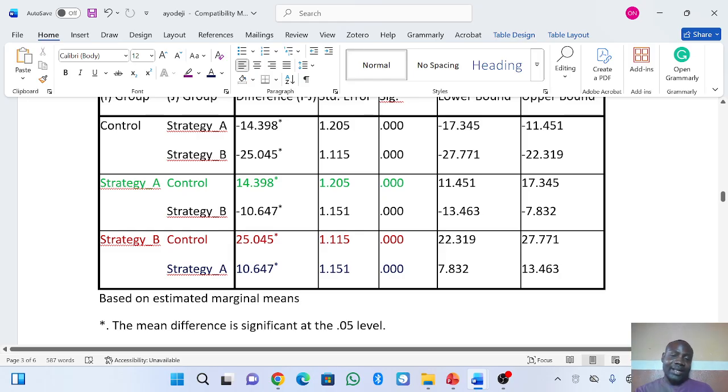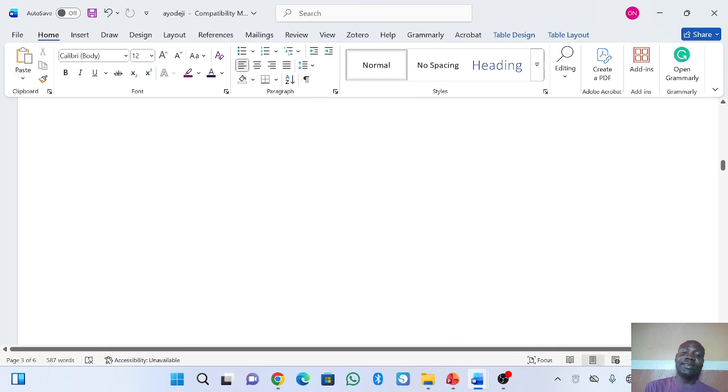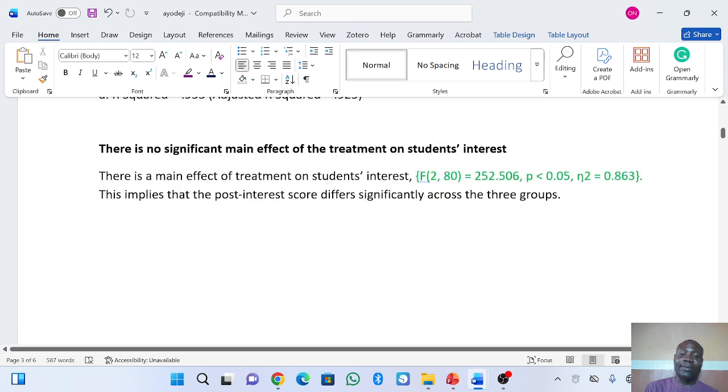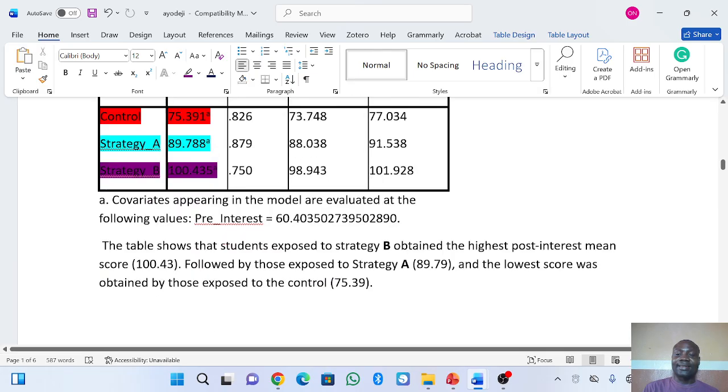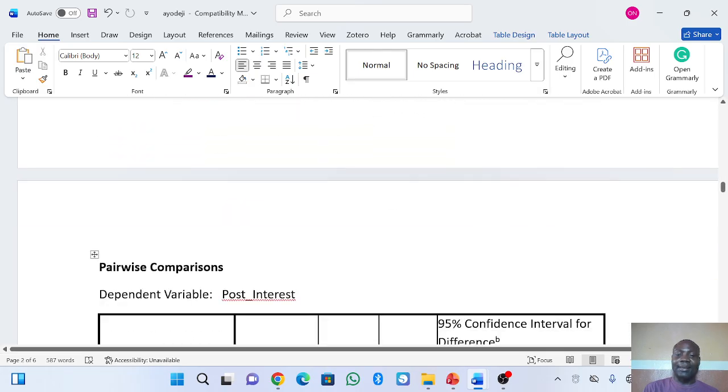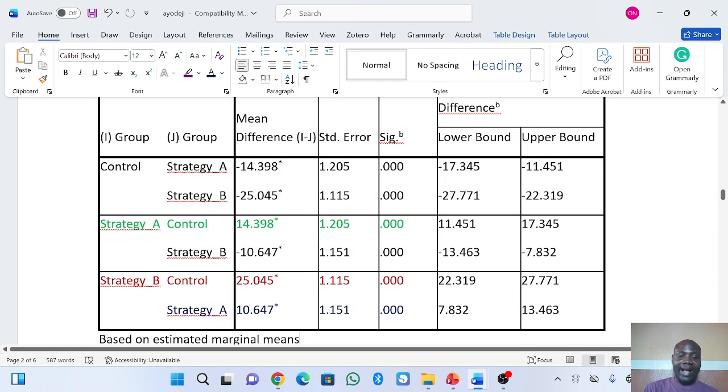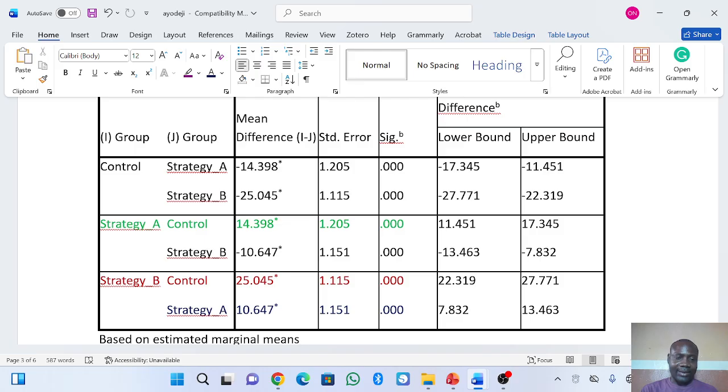It's telling us that this significant difference that we have reported here, which is in red, that the groups are significant, the differences are accounted for by number one, the difference between strategy A and control.